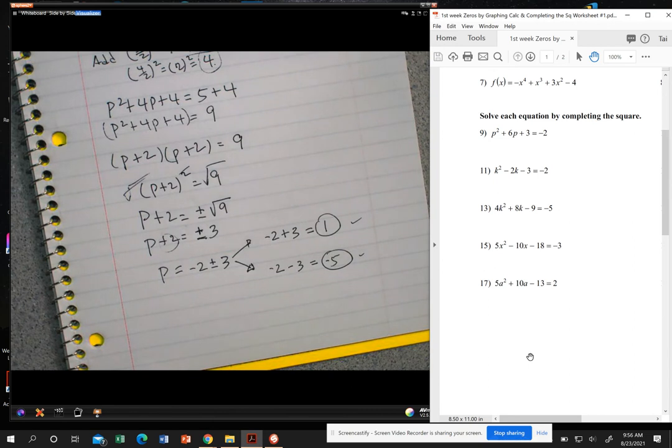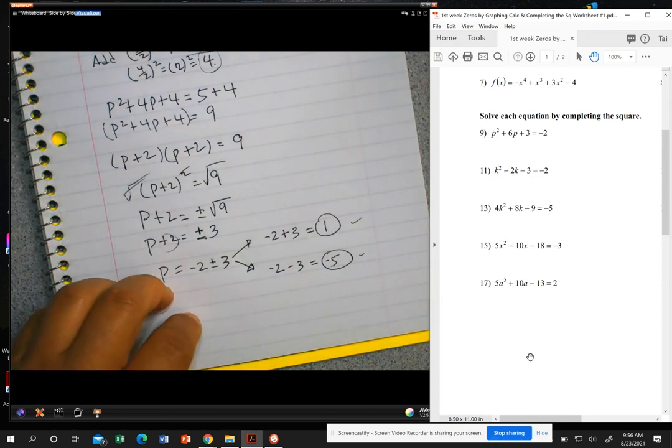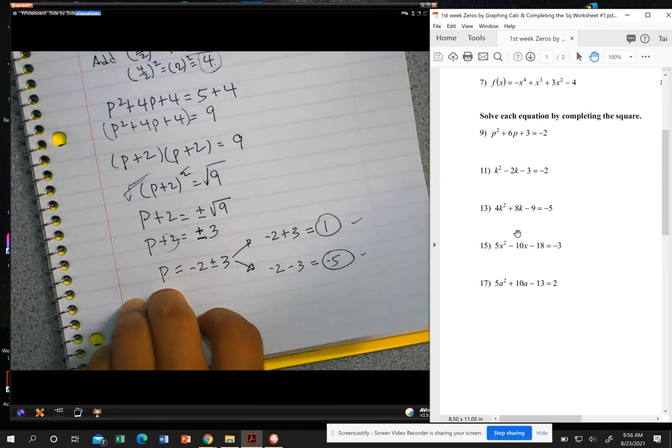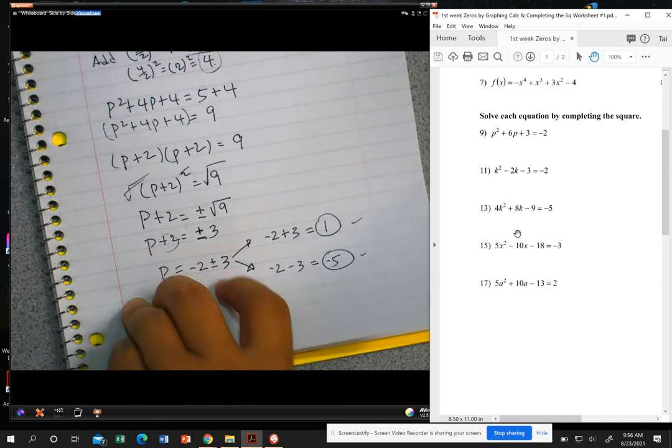Alright, so let's do an example with factoring other than a 1. Let's pick one. Looks like number 13. You see number 13? Looks like we have an a other than 1, so we'll skip to 13.